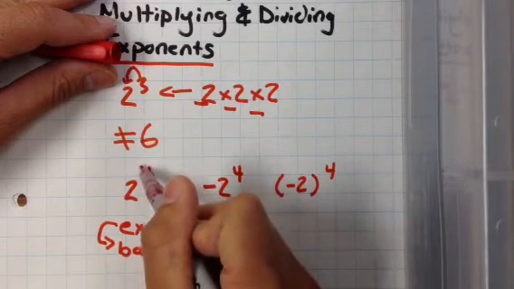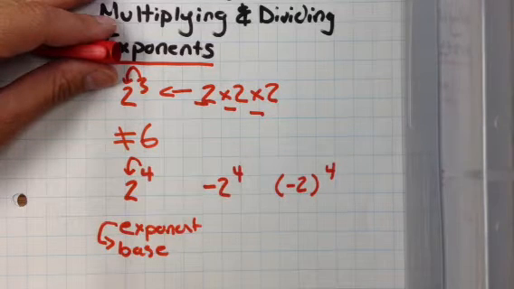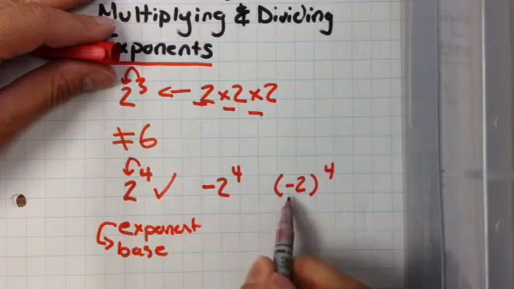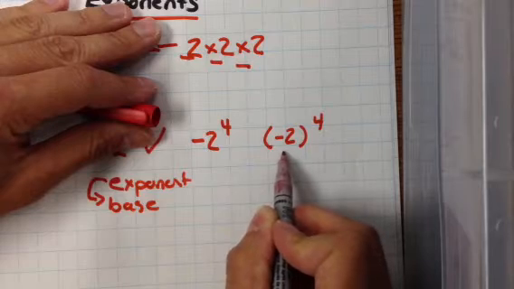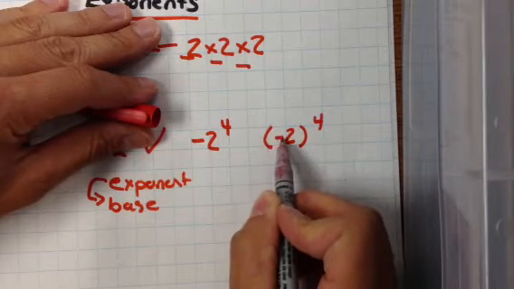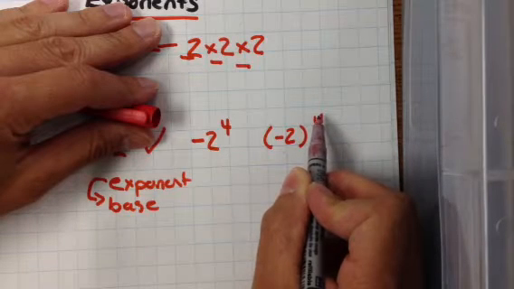In the first one, it's pretty easy. The 4 is the exponent, and it's attached to the 2. So it's telling you I have 4 2's multiplying together. Pretty easy. Let's go over to the last one here, and we'll skip the middle one. If we take a look at this one, we see that there's a bracket, a negative, a 2, and then the bracket closes, and then there's an exponent 4.